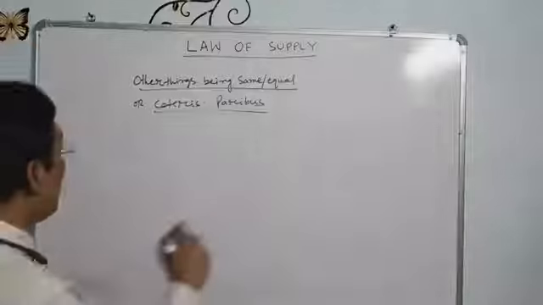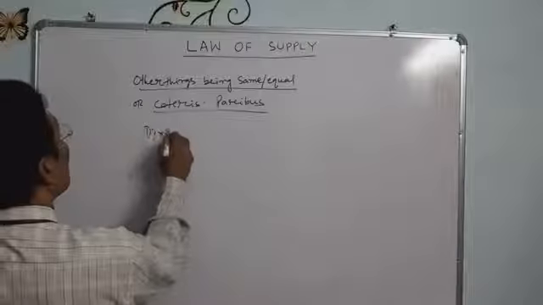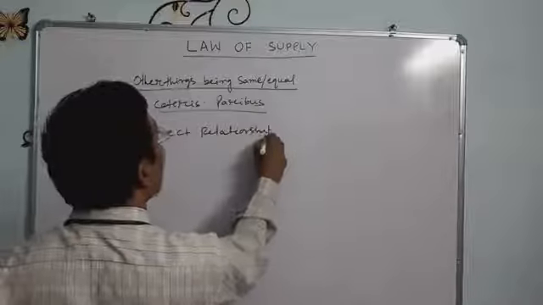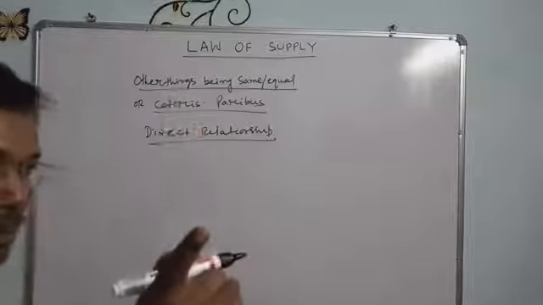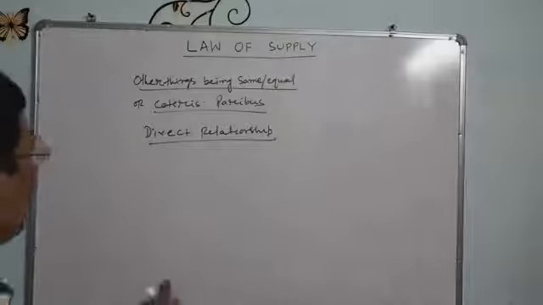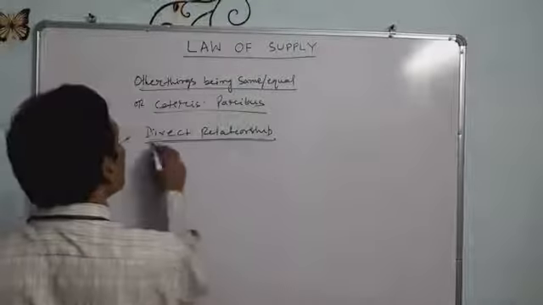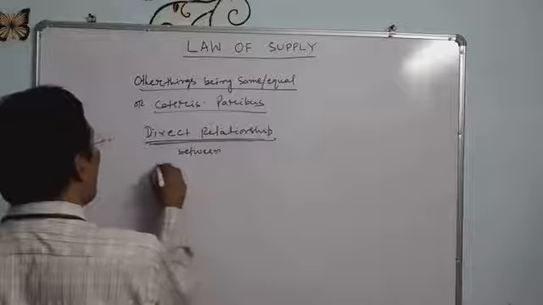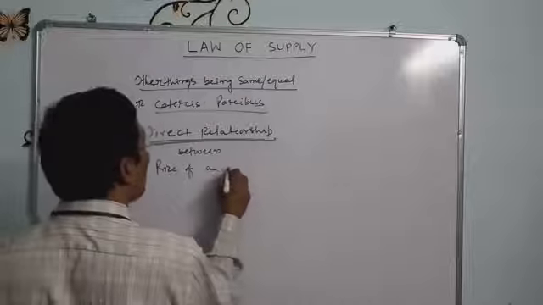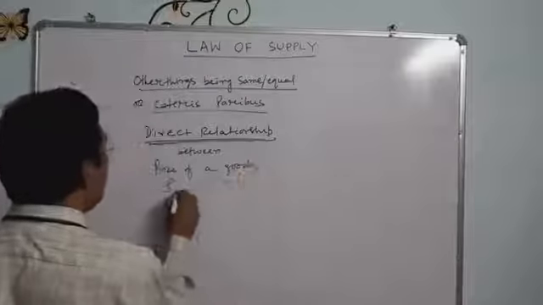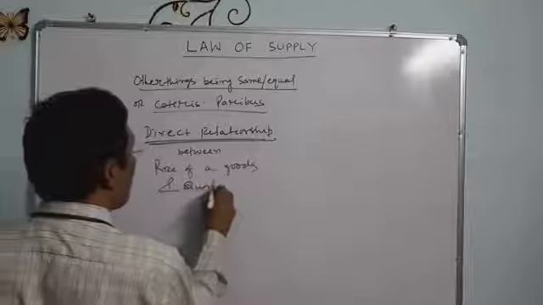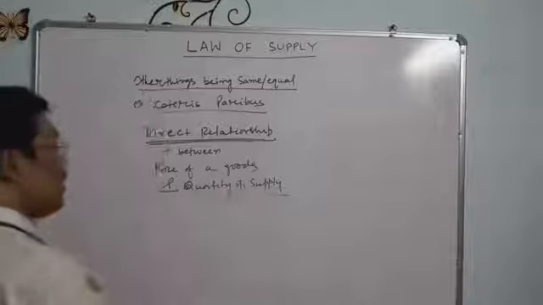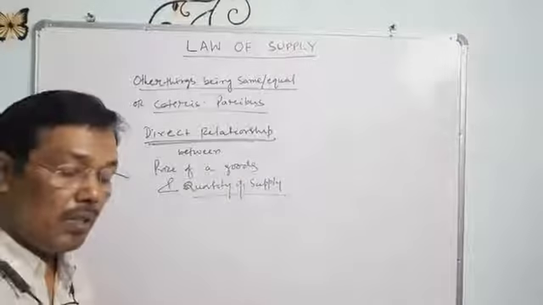Next, there is the direct relationship. Inverse relationship in the case of the law of demand; in the law of supply, direct relationship between price of a goods and quantity of supply of the same goods at a given time.